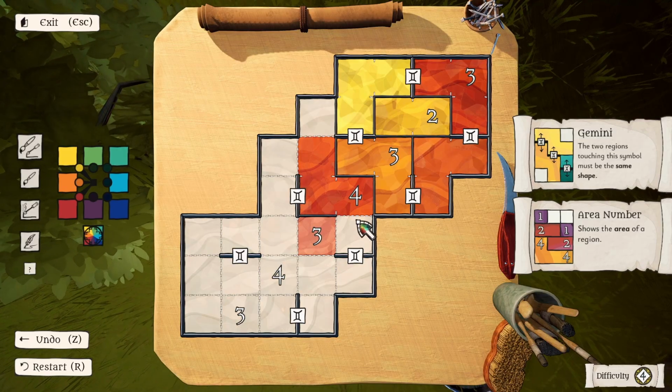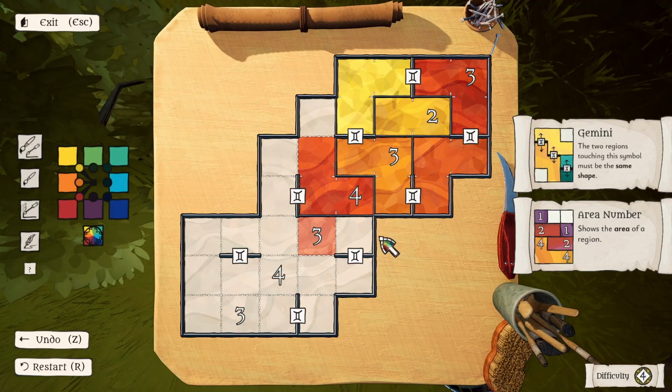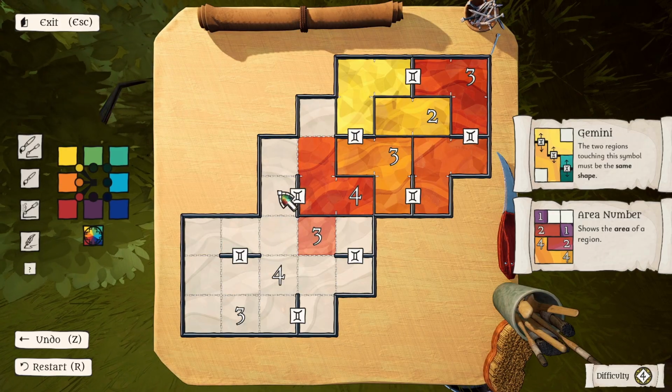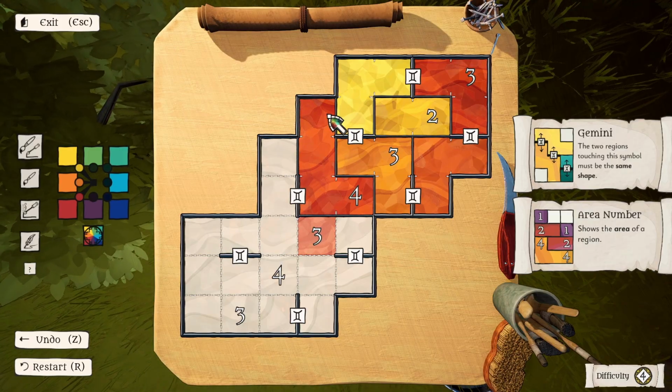If the 4 took this one, it would be an S shape, which would not be compatible with this. So the 4 does not take that. Now, if the 4 took that, that would put an S shape here, which also doesn't fit. So it doesn't take that. So there's an L here.